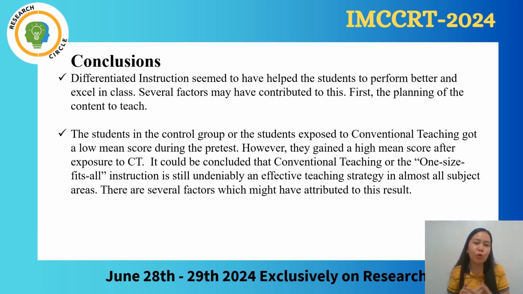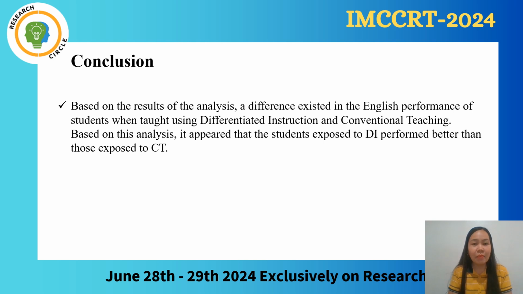So we could conclude that conventional teaching, or one-size-fits-all instruction, is still undeniably an effective teaching strategy. And lastly, based on the results of the analysis, a difference existed in the English performance of students when taught using differentiated instruction and conventional teaching. Based on this analysis, we can conclude that students exposed to differentiated instruction performed better than those exposed to conventional teaching.